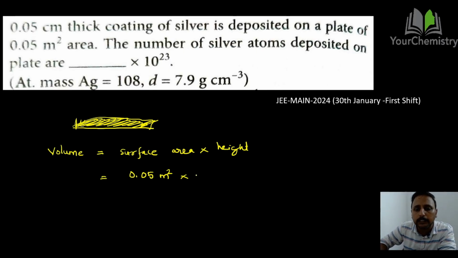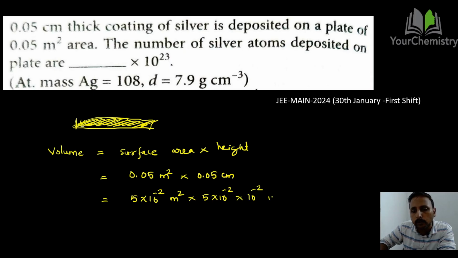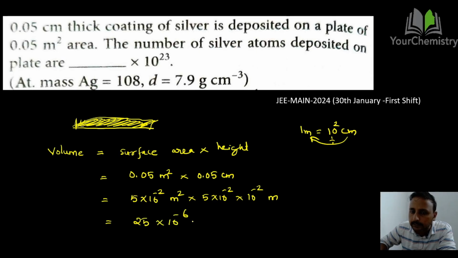The thickness is 0.05 centimeter, which I will write as 5 into 10 raised to minus 2 centimeter. Converting centimeter into meter, since 1 meter is equal to 100 centimeter, I multiply by 10 raised to minus 2. So you get 5 into 10 raised to minus 2 meter square, into 5 into 10 raised to minus 2 into 10 raised to minus 2 meter. 5 into 5 is 25, times 10 raised to minus 2, minus 2, minus 2. How much? 10 raised to minus 6 meter cube.